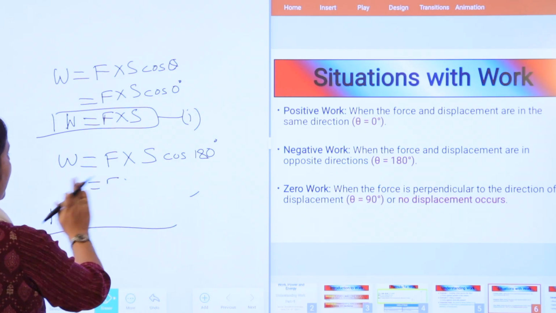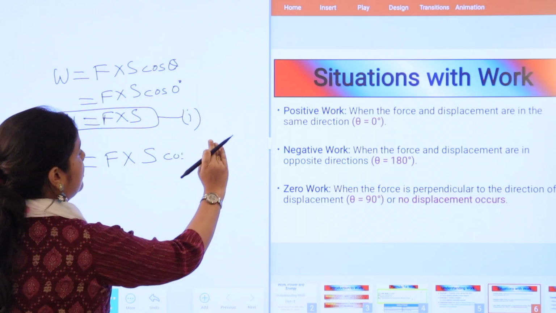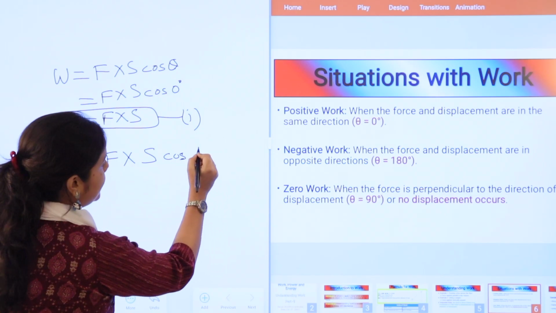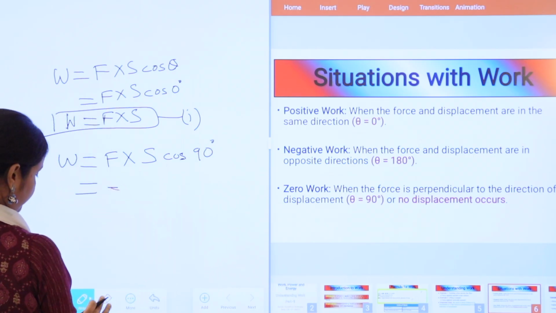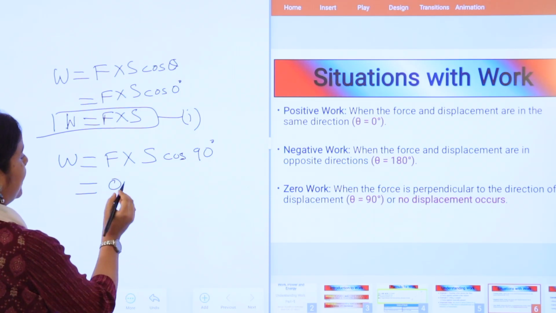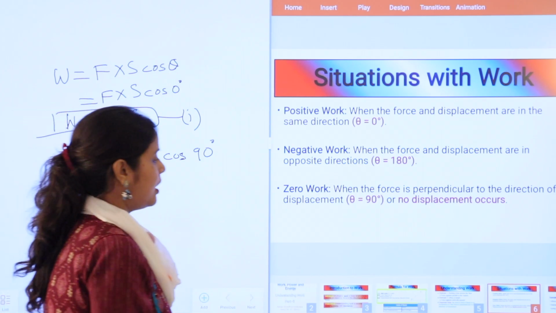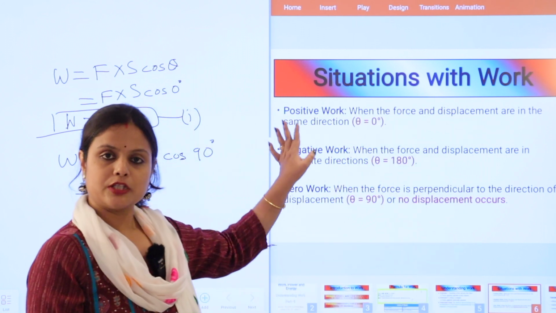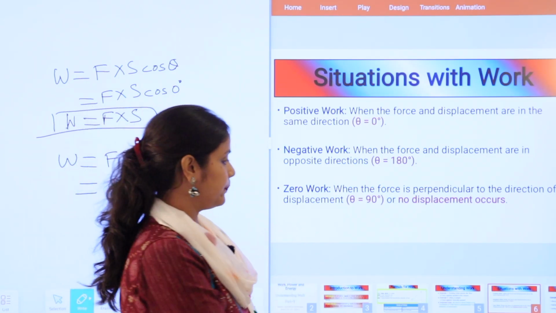We write cos 90 degree, and here we get it as 0. Why is it so? Because all of you know that cos 90 value is 0. So work done is 0 joule over here. Now students, you have understood positive work done, negative work done, as well as zero work done.